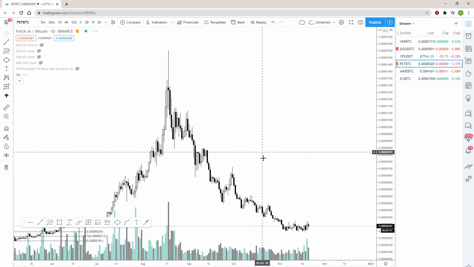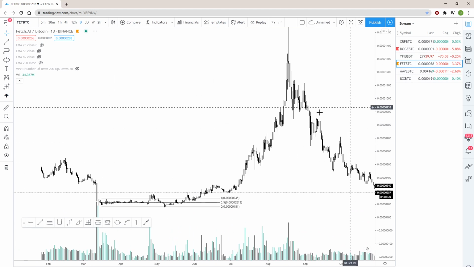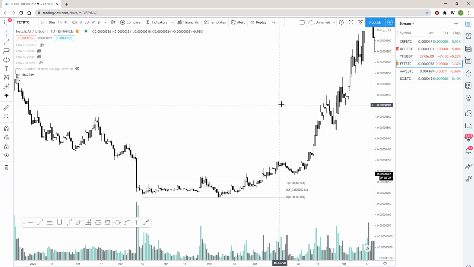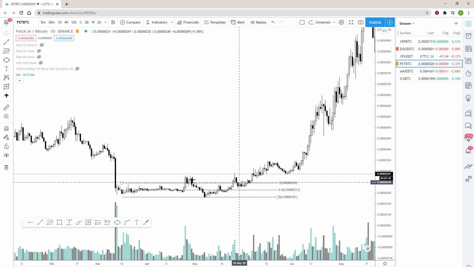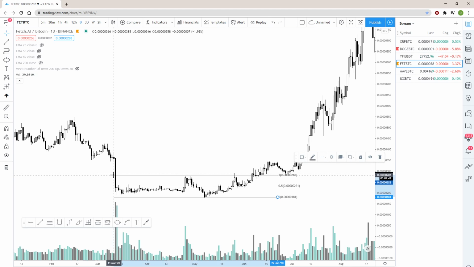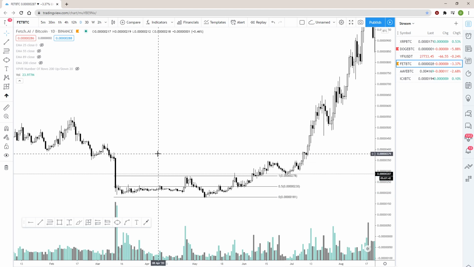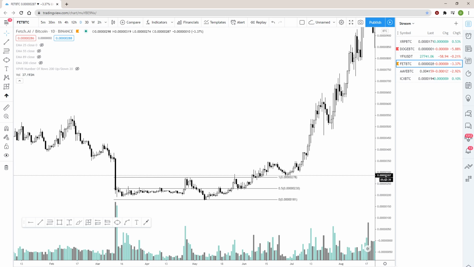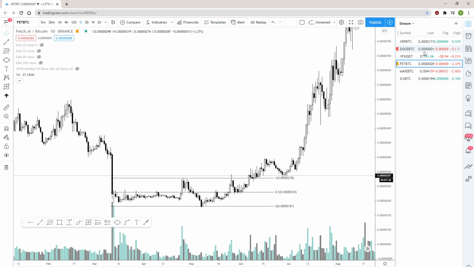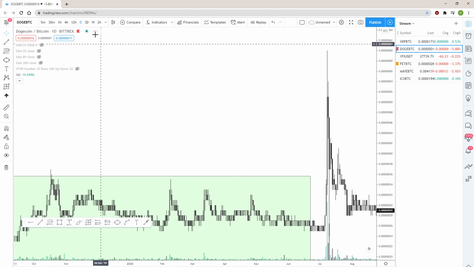So now let's go to the accumulation bottom. An accumulation bottom is where you see price ranging in a consolidating manner for some amount of time. This time period could be just a few days or 1 week, like we saw for Dogecoin.